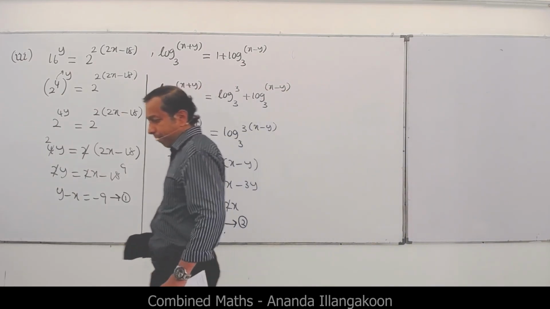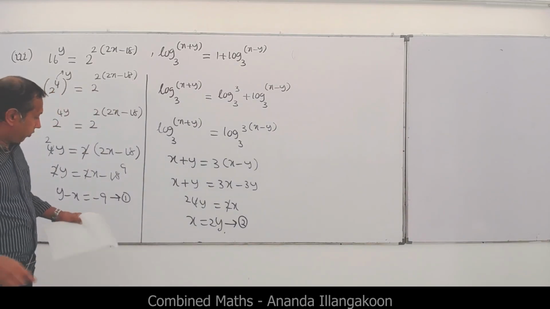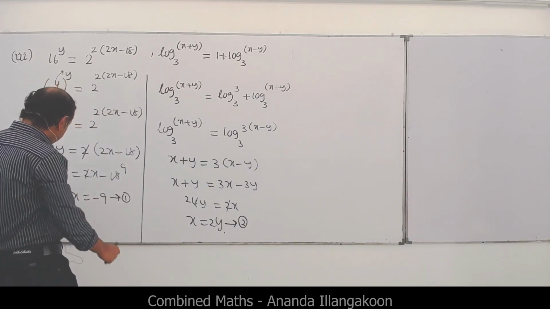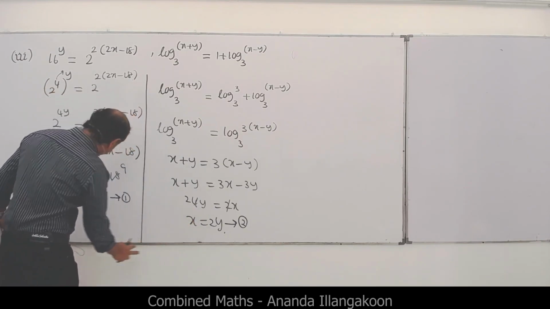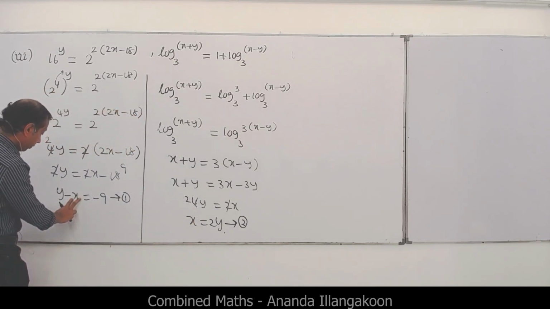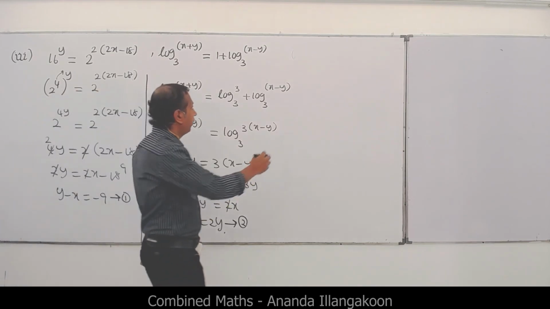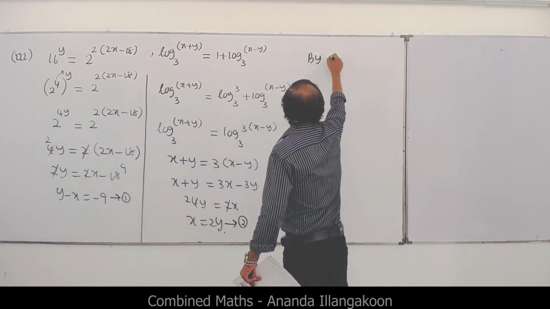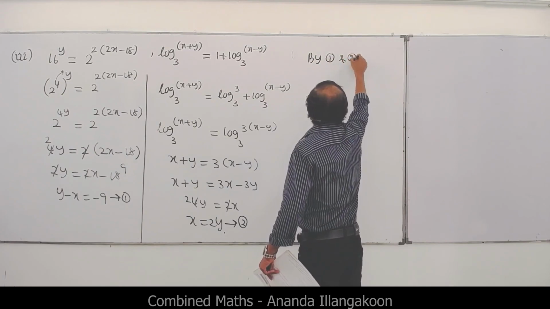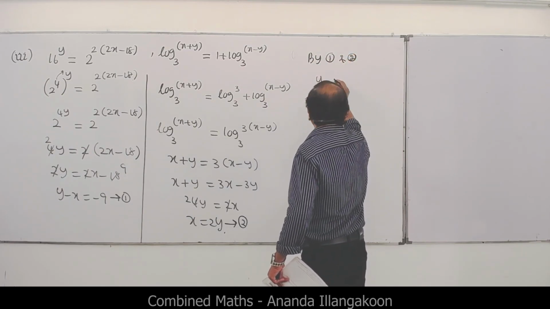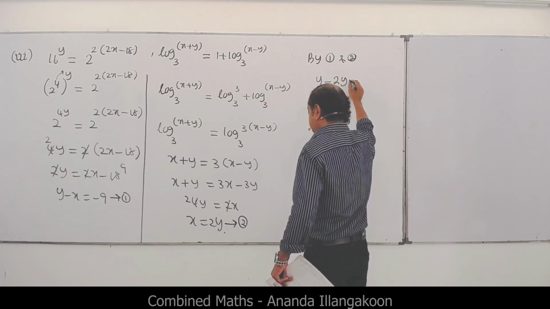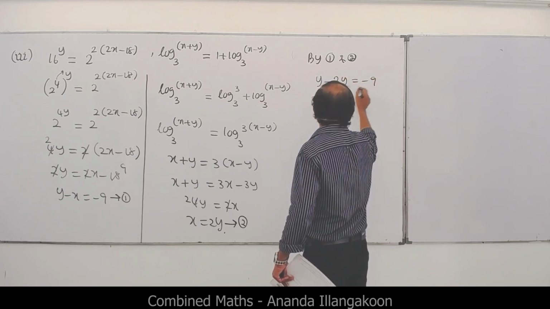Right. Solve 1 and 2. Here, people, x is 2y, no? We put 2y here. By 1 and 2, we get y minus x, x is 2y, is equal to minus 9.